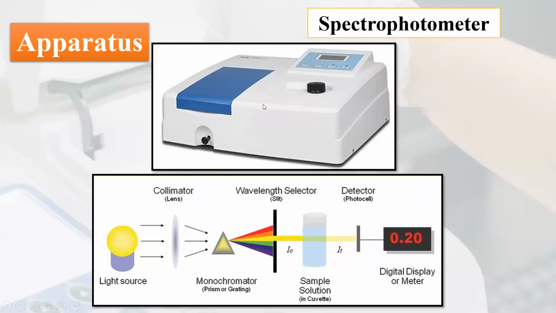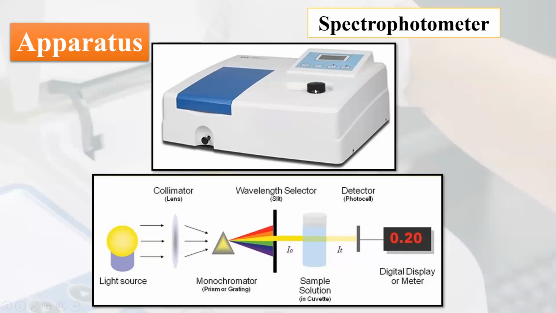We remove this cap and get the provision to put the cuvettes here. This is a knob, so we can rotate it.